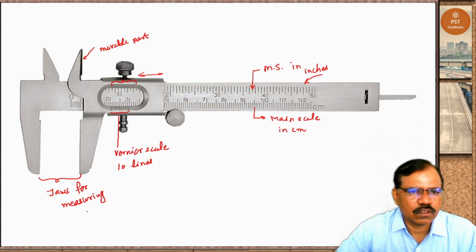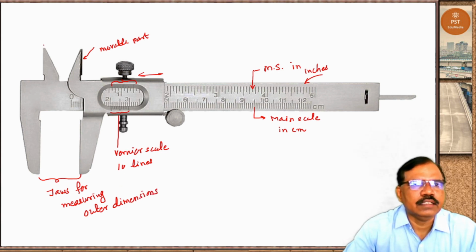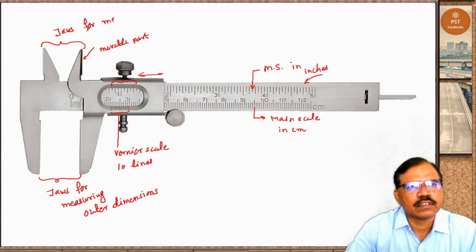And these are jaws for measuring inner dimensions, like the inner diameter of a pipe.